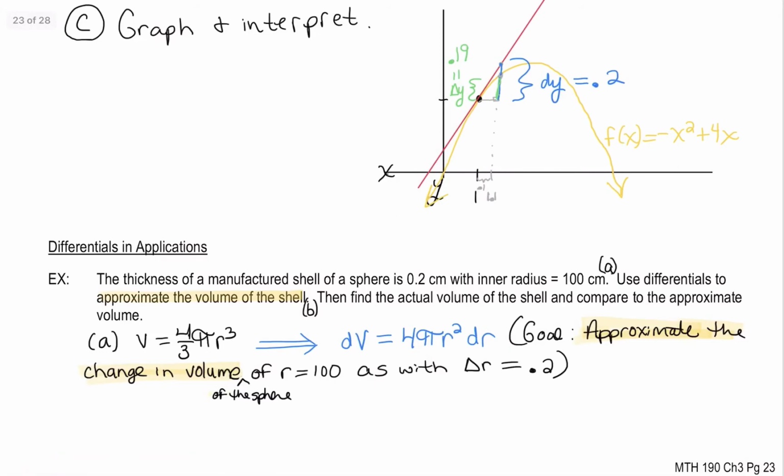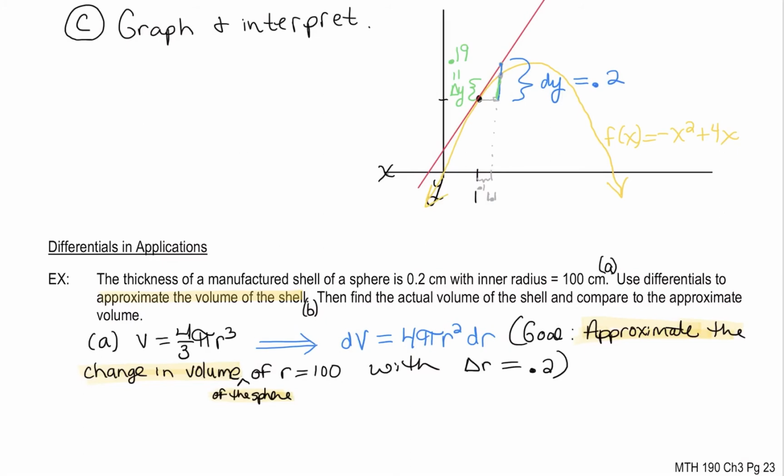So the change in the volume of the sphere will be just the volume of the shell. So if I can approximate the change in volume of the sphere of radius 100, with the change in radius of 2/10 of a centimeter, okay, so let's go ahead and do that.